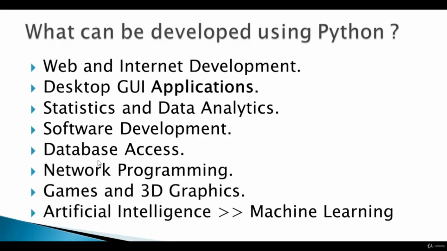Next, Python can be used for network programming. Python can be used for games and 3D graphics development. For example, if you are familiar with a software called Blender. Blender is a free to use open source software for 3D modeling, 2D modeling, and game development.